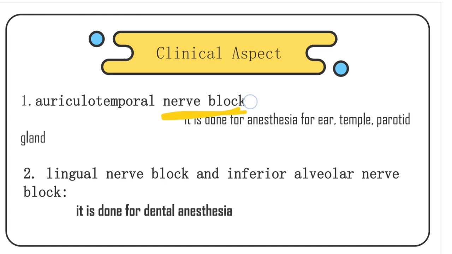A nerve block is usually done to anesthetize a particular area during surgeries or operations. The auriculotemporal nerve block is done to anesthetize the ear, temple and parotid gland areas.